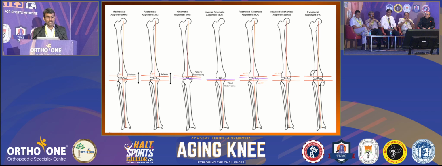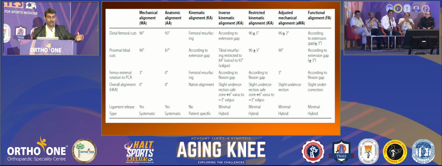So going through the different types of alignments, just to simplify it, we have mechanical, anatomical, that is already mentioned, kinematic, it's femoral resurfacing, inverse kinematic starts with the tibia. Your restricted kinematic basically has boundaries, and your functional alignment depends on information taken intraoperatively.